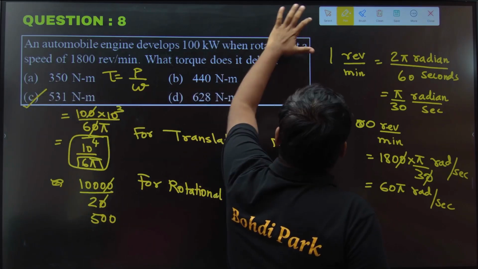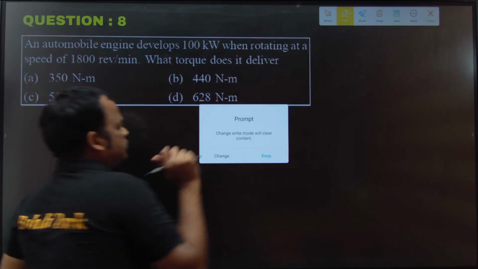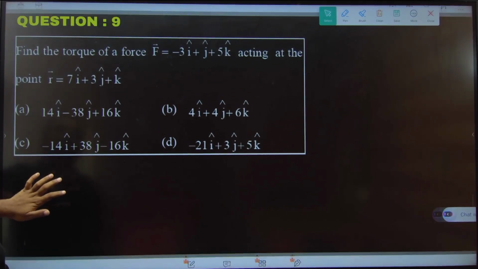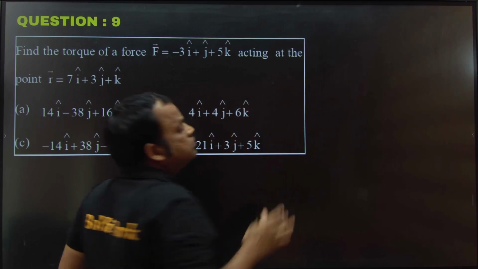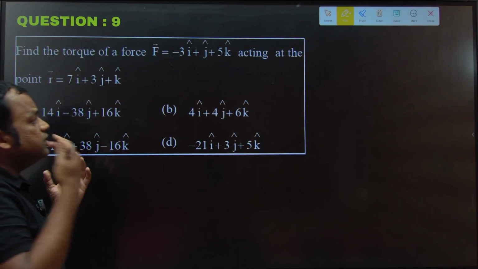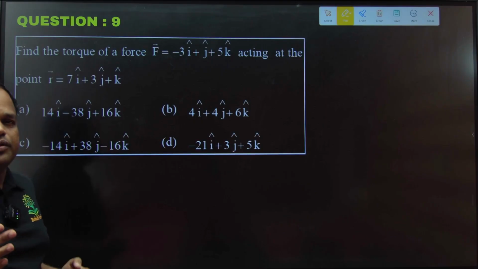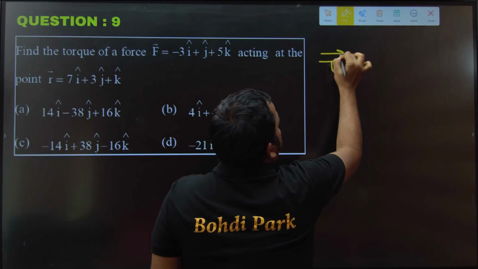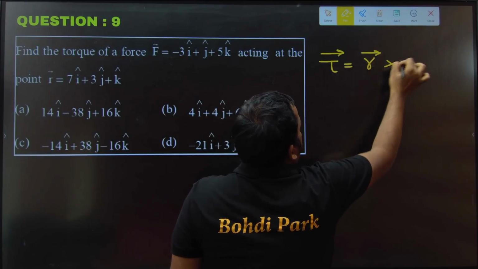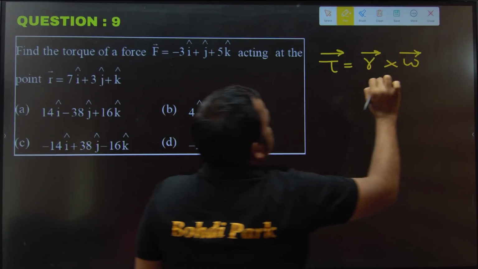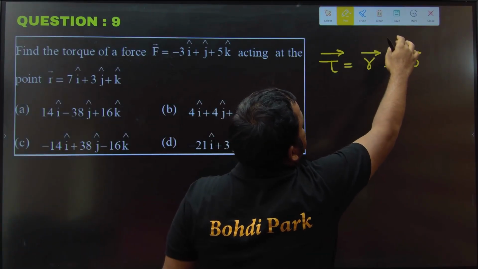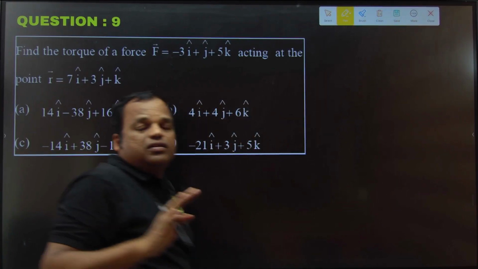Next question. Again, this question is based on vectors. We have a formula to calculate torque: torque vector is equal to R vector cross F vector.